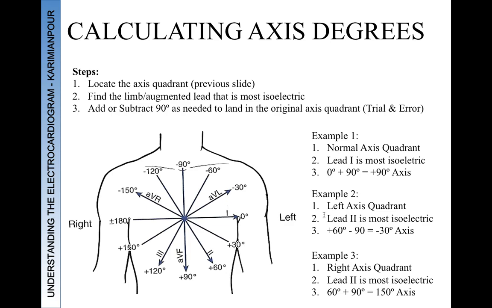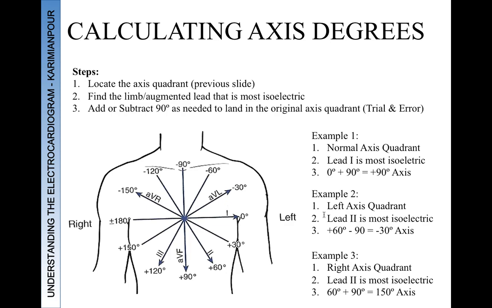So we know it's going to be a right axis quadrant, and we also look at AVF to make sure that it is a right axis and not an extreme right axis, the top right upper quadrant. AVF has a positive deflection, so we know it's to the right and down, so it falls within the positive 90 to positive 180 quadrant using the 2-thumb method.